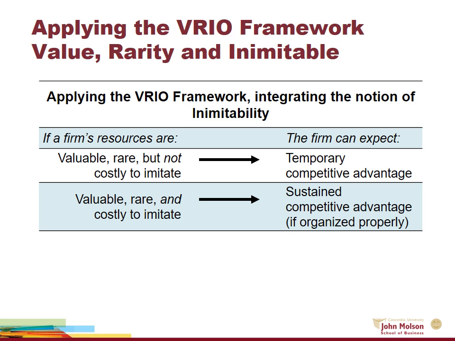What an organization should aim for is to have a resource that's valuable, rare, and costly to imitate. If it's costly or difficult to imitate, then the organization will obtain a sustained competitive advantage. And that sustained competitive advantage will be there only if the organization is properly organized. So we need to look internally at the organization as well.